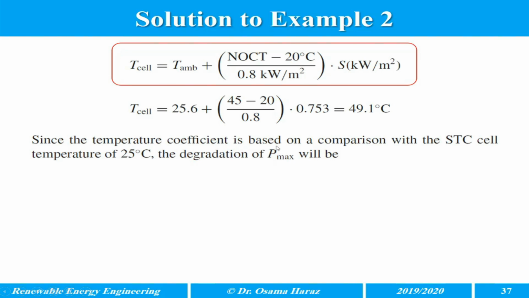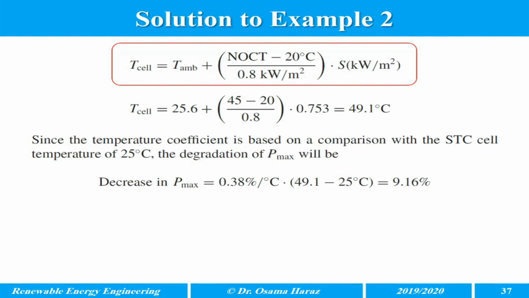Since the temperature coefficient is based on comparison with the STC cell temperature of 25 degrees, the degradation of power maximum, which is the drop in power, will be 0.38% per 1 degree centigrade, multiplied by the difference between the cell temperature, which is 49.1, and the STC cell temperature, which is 25 degrees centigrade. So you end up with 9.16%.